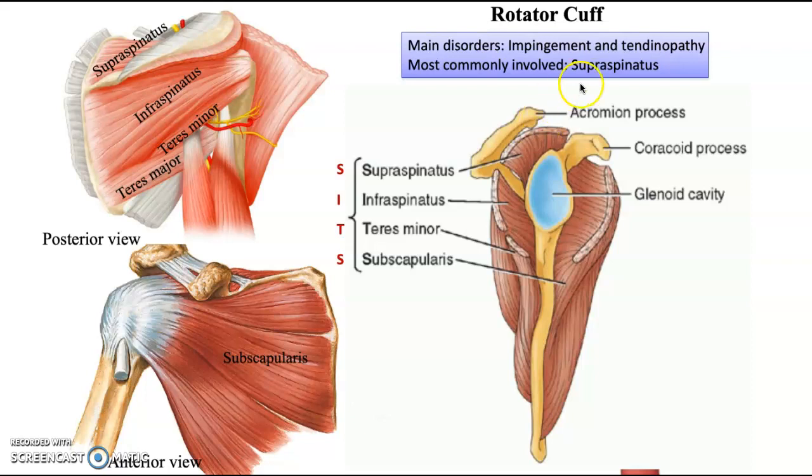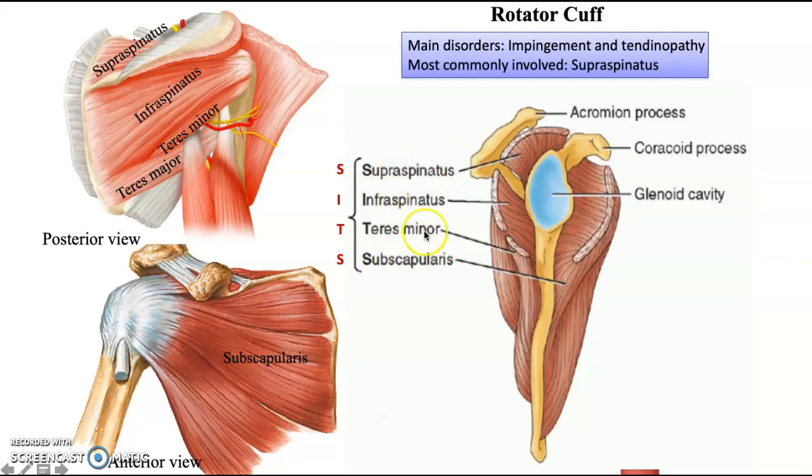Okay, so both supraspinatus and deltoid are abductors of the arm, but initiation and the first 15 degrees of abduction is done by supraspinatus, and the rest of it is carried out by the deltoid.